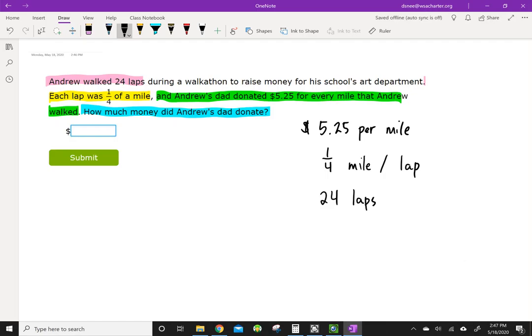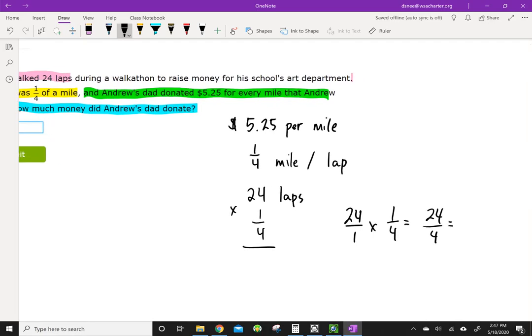So if I take 24 and multiply by 1/4, I'm going to know how many miles he walked. 24 over 1 times 1 over 4 equals 24 over 4, which, if you need them, use your calculators. It's 6 miles. So Andrew walked 6 miles.